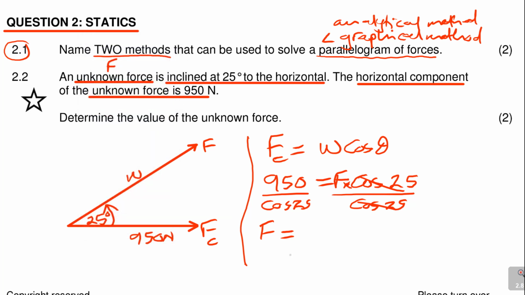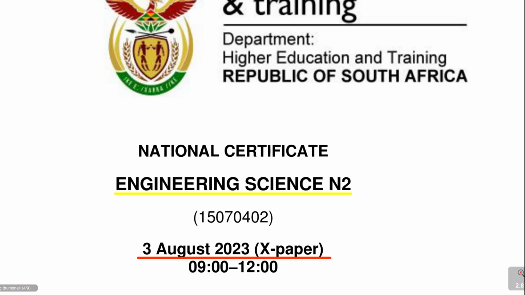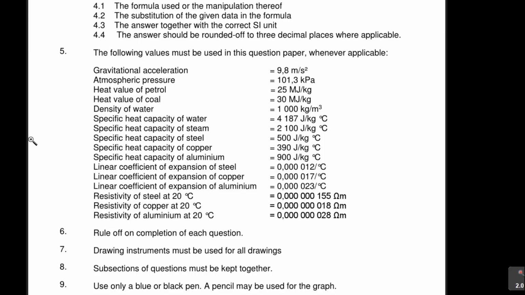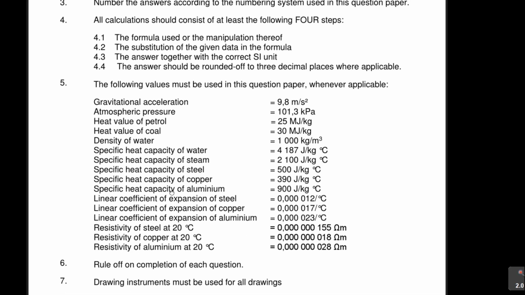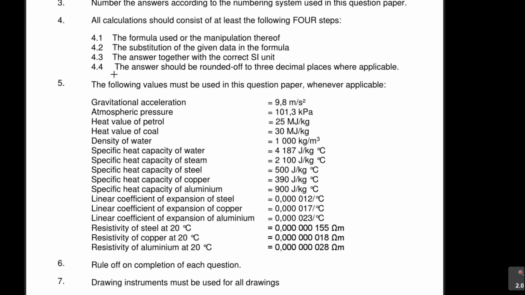So that is the answer: 1048,209 newtons. Okay, but let's quickly check the rounding off. It's very important here. If ever they gave us any rounding off, yes, they say 4.4.4, the answer should be rounded off to 3 decimal places. These are very important things.